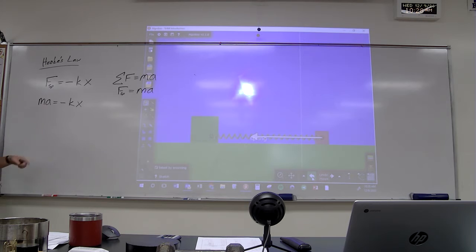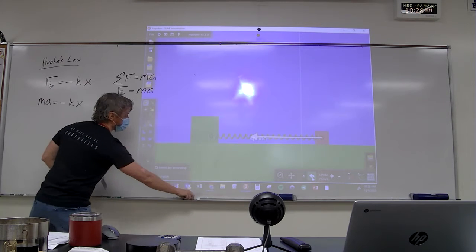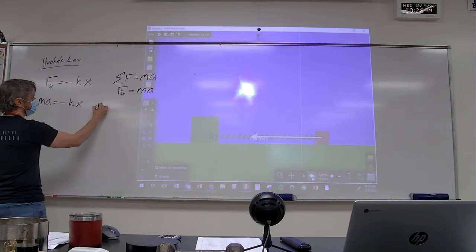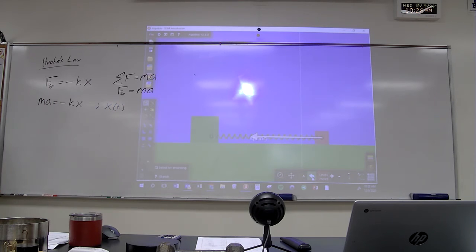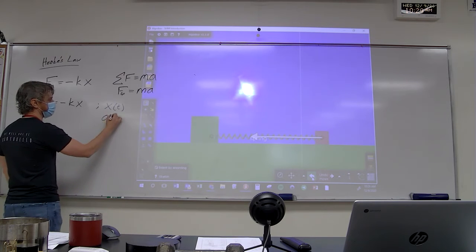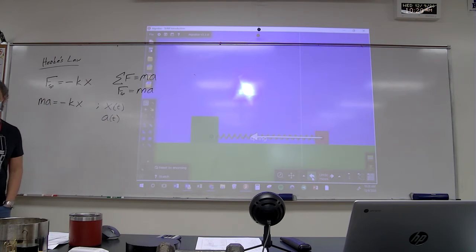This right here is a differential equation, and I can write it as such by noting that, first of all, x is actually a position function, right? If I hit play on the simulation, the position changes as a function of time. I also know that the acceleration is a function of time. It's constantly changing.